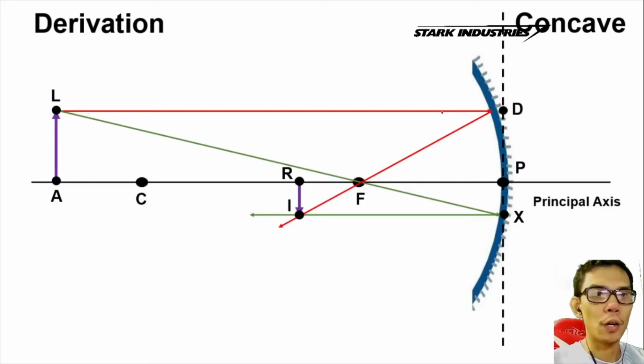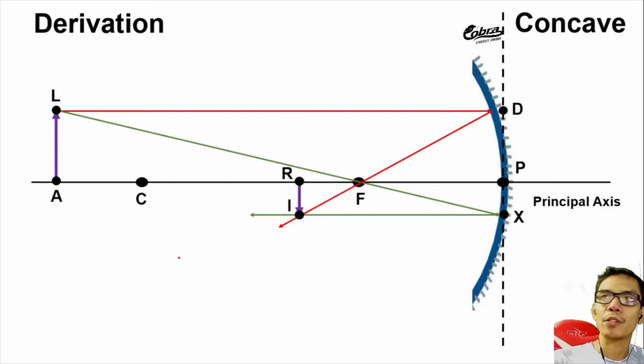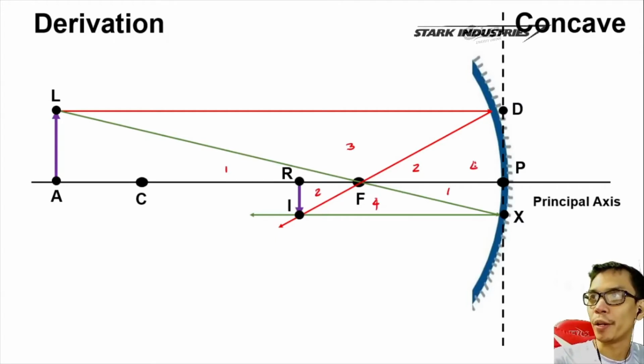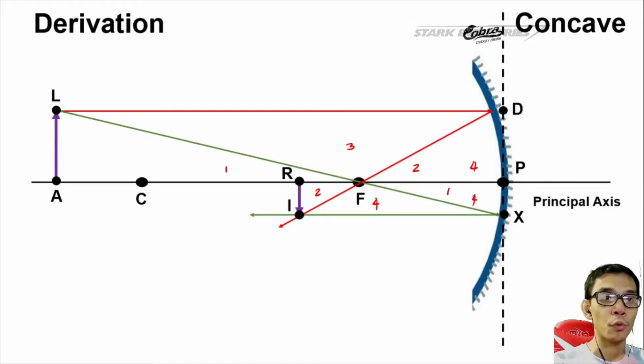In this case, we will try to find out how many similar triangles we have right here. How many pairs? We have 1 over here, 2, 3, and 4. So all in all, we have 4 pairs of similar triangles. But we will not use all 4. We will just extract 2 pairs of similar triangles only.